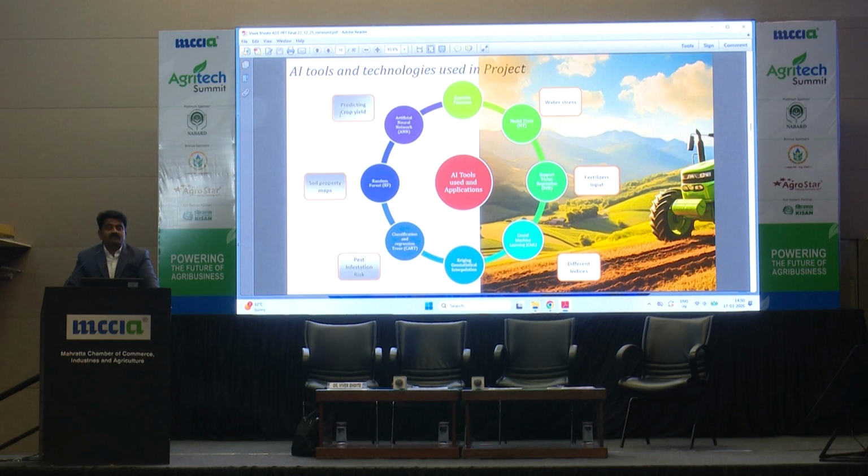So, when we started implementation of this project on 1000 farmers' fields last year at different localities, in different agroclimatic regions, say from Kolhapur, Sangli, Satara, Solapur, Usmanabad up to Buldhana, Nanded, initially we trained the farmers how to use this AI on their mobile phones.